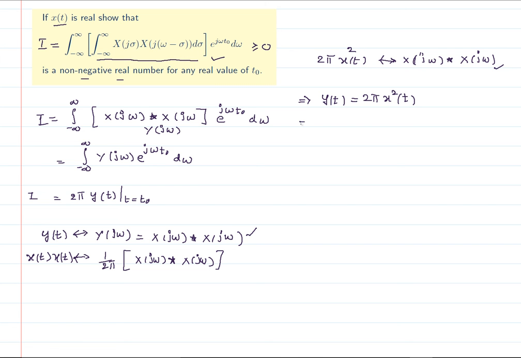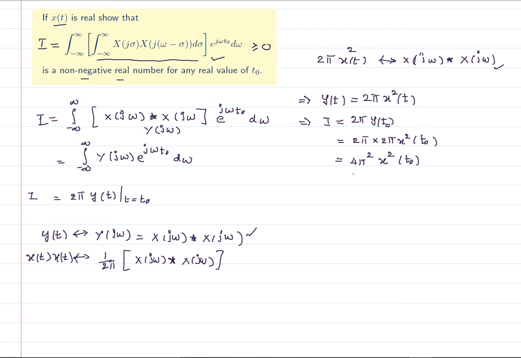Again this implies that I, which is equal to 2 pi times y of t naught, is nothing but 2 pi times 2 pi times x square of t naught, and this simplifies to 4 pi square into x square of t naught.